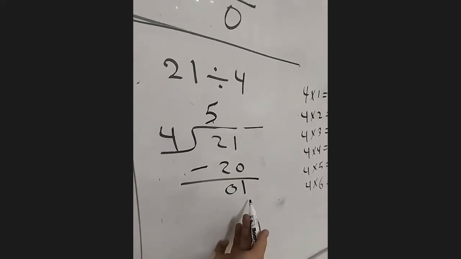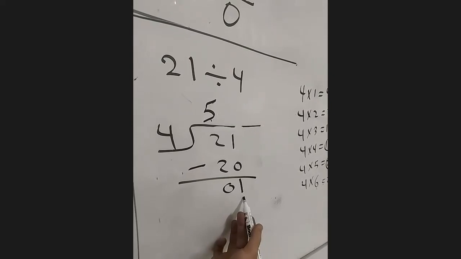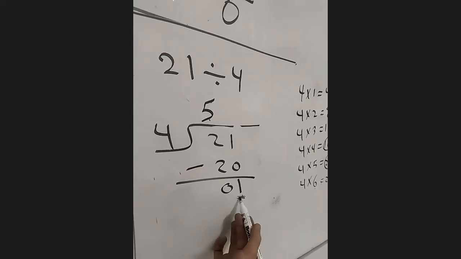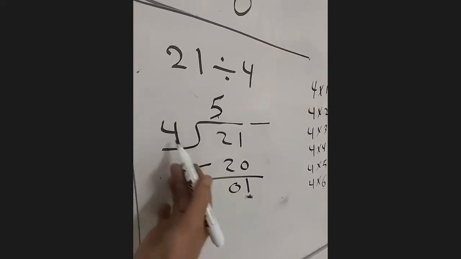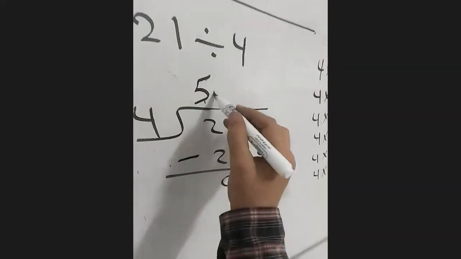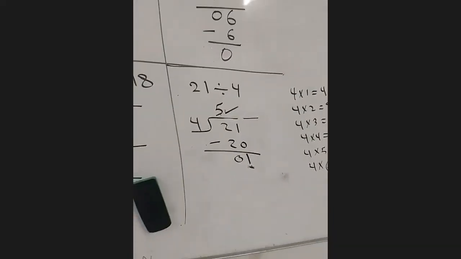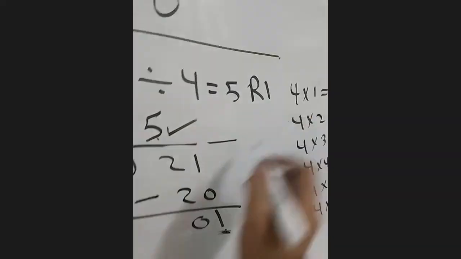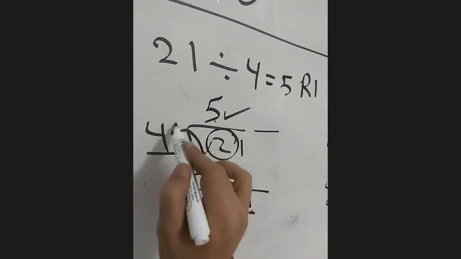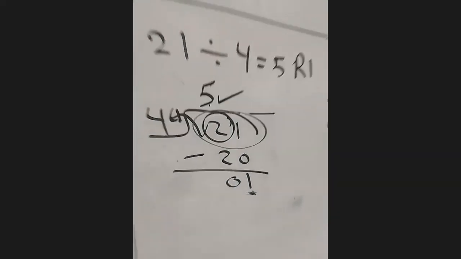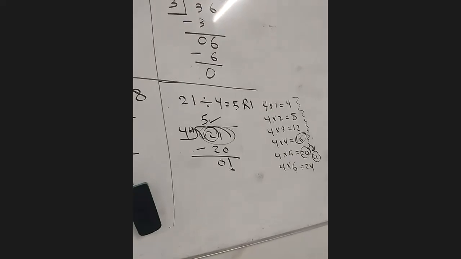Now what's the answer of the subtraction? 1. 1 is less than 4, right? So my 5 is correct. So the answer here is 5 remainder 1. If the first digit is less than the divisor, we cannot use it alone. We'll take both digits together. Got it? Good boy. Thank you.